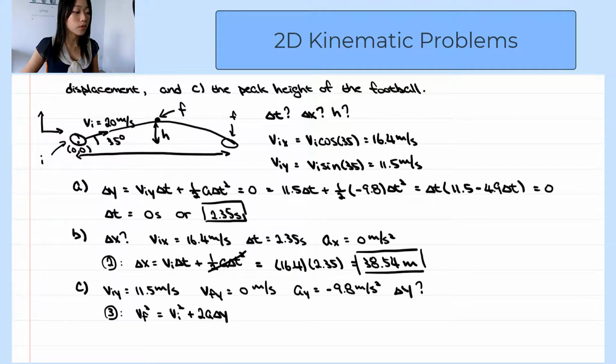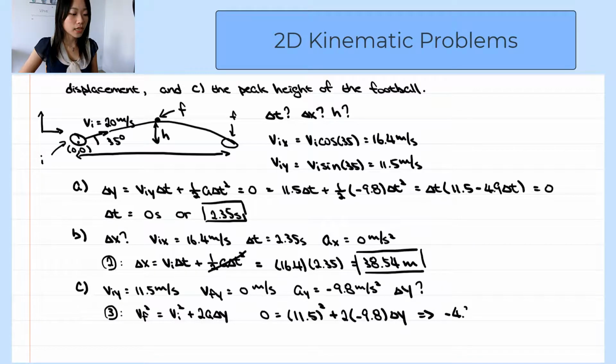Let's substitute the knowns we have. Final velocity is 0. And this equals initial velocity squared, that is 11.5 squared, plus 2 times acceleration, which is negative 9.8, times delta y. Then we can solve for delta y.